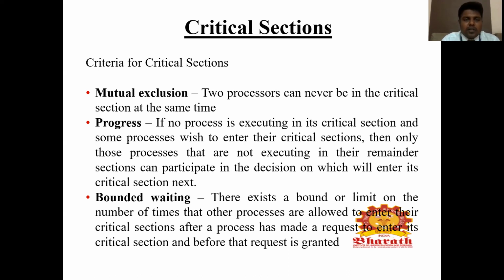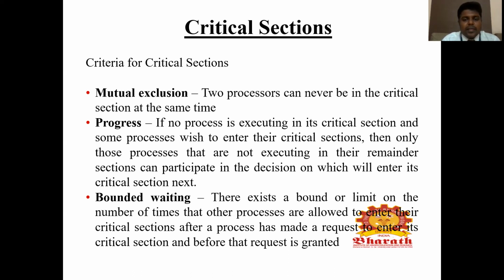So this is based on the processes present in the remainder section. The process present in the remainder section will complete its work so that the next process can enter into the critical section. That is the major idea behind progress.